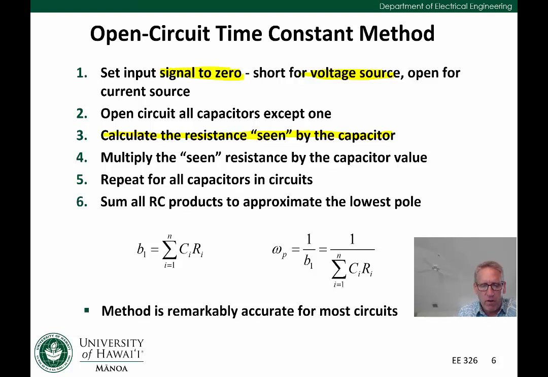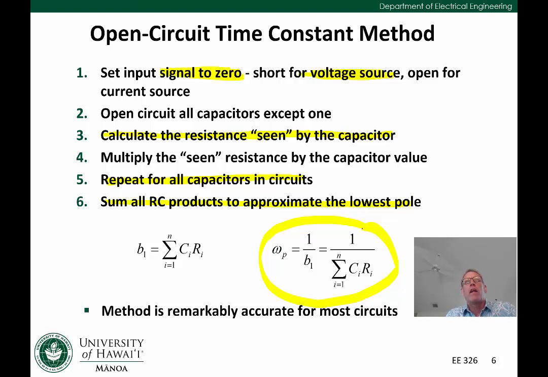Then we repeat this for all the capacitors in the circuit, and we sum all of these RC products, and we get an approximation for our lowest pole by summing 1 over these RC products. This method is remarkably accurate for most circuits.